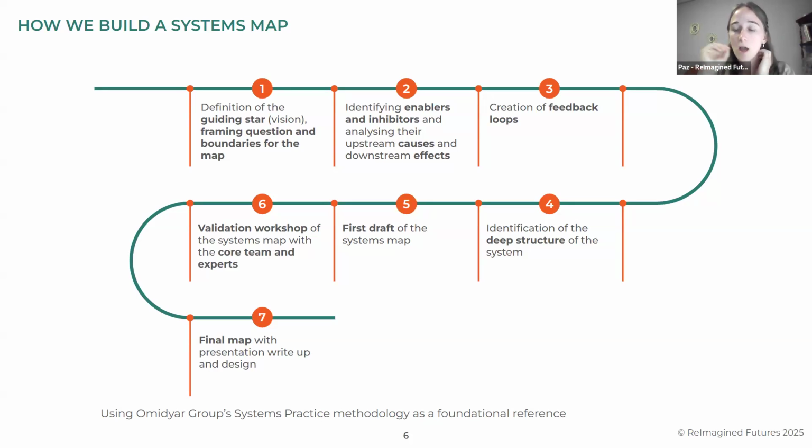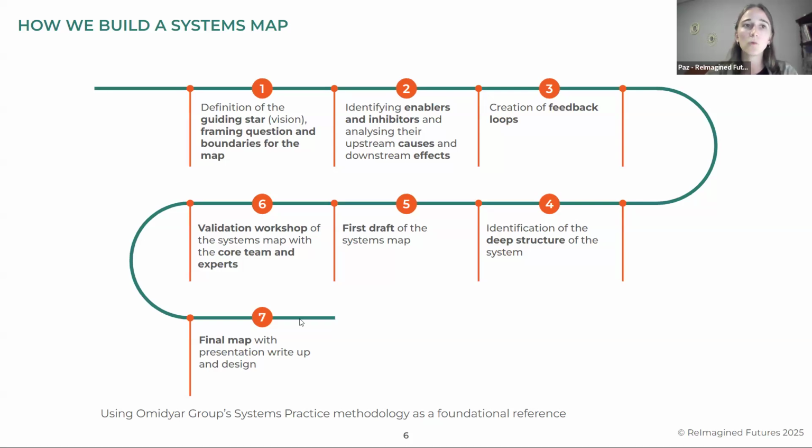Now we're going to see the case of the health system of Catalonia. Then we create the first draft of the systems map. We usually hold workshops with different stakeholders to validate that structure of the map, and with the core team, of course. And then we implement that feedback, comments and suggestions. And sometimes it takes further research or further interviews, and we come up with a final presentation of the map. This is the methodology, broadly speaking.